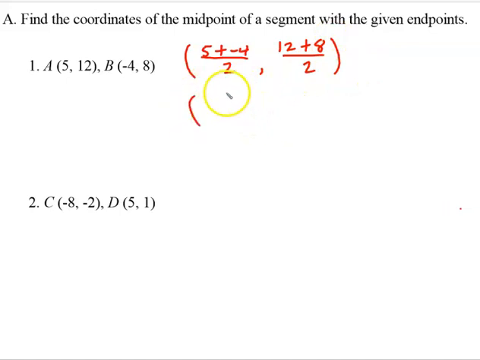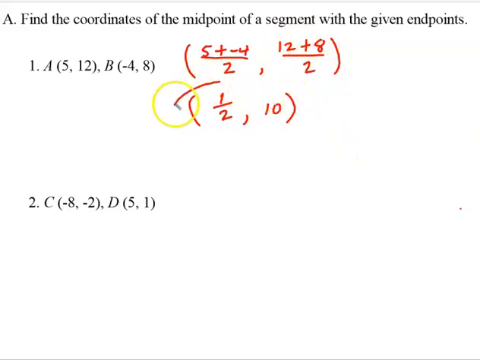And then when we simplify, we will have the xy coordinates for the midpoint. So 5 plus -4 is 1, over 2, or 1/2. So the x coordinate of the midpoint is 1/2. The y coordinate is going to be 20 divided by 2, which is 10.